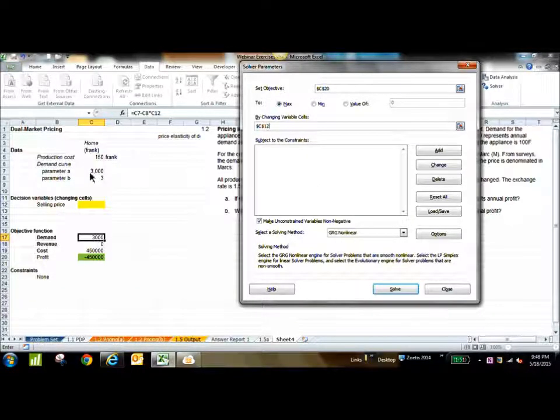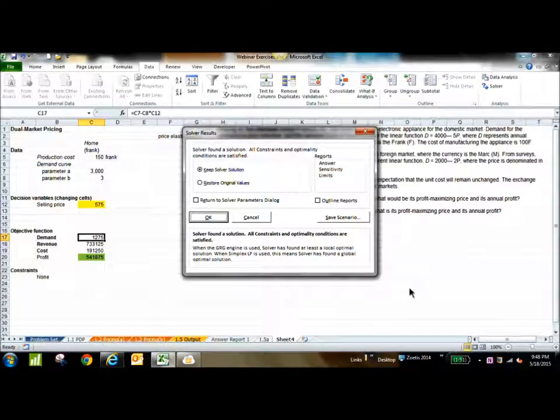At this point, we'll just leave everything as is, and we'll just hit solve. Solver found a solution. All constraints and optimality conditions are satisfied. Okay? And we hit OK. And here you go.